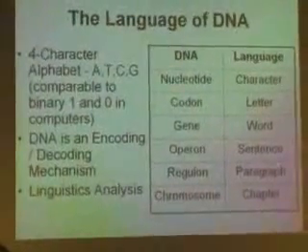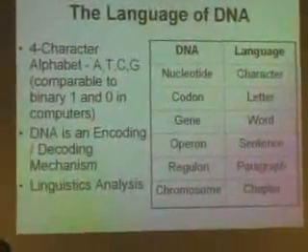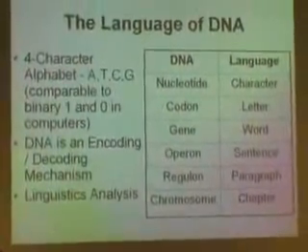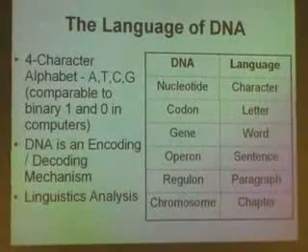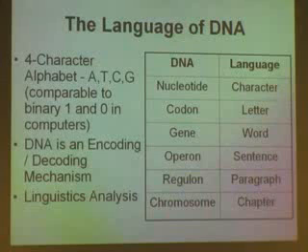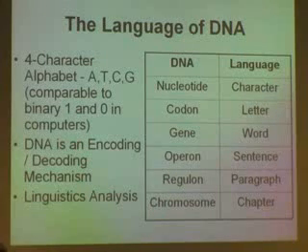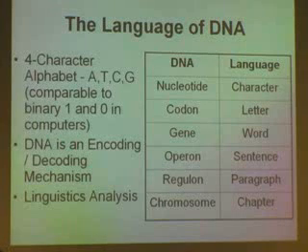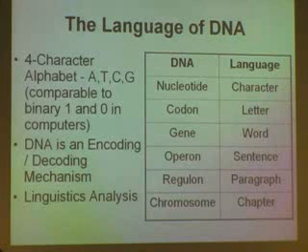You can think of chromosomes as chapters in the book of DNA, and you have 46 of them. So it's like 46 chapters, and there's a whole hierarchy of language. Just like English has all those things on the right, on the left you have nucleotide, codon, gene, operon, regulon, chromosome. Those are hierarchies of DNA information.